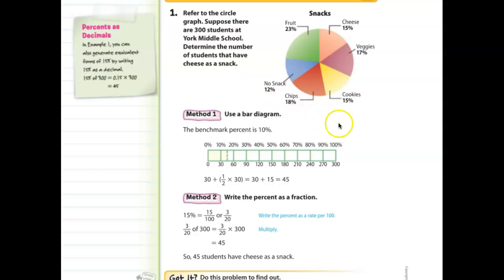So if we have 15%, isn't that the same as 15 over 100? And if there are 300 students, what do we multiply 100 by to get to 300?